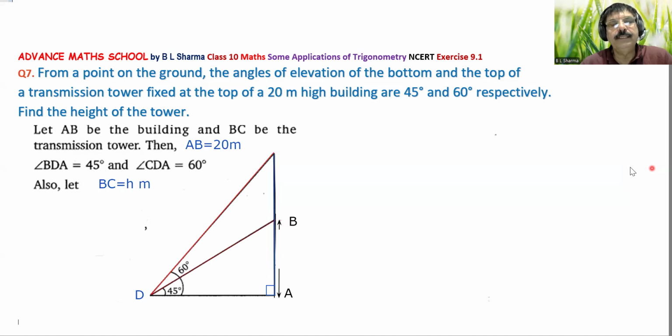Here AB is the building, 20 meters high, and BC is the transmission tower. We have to determine the length of BC. Suppose BC is equal to H meters. The height of the transmission tower is H meters. We have to calculate BC, the height of the transmission tower.